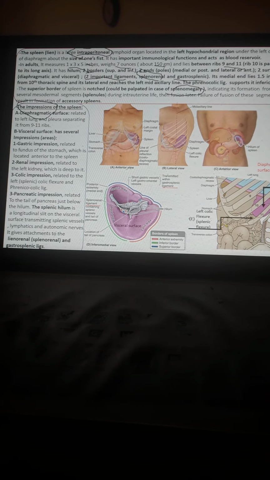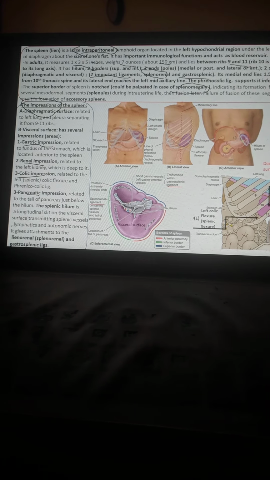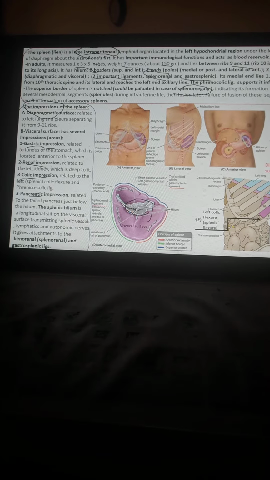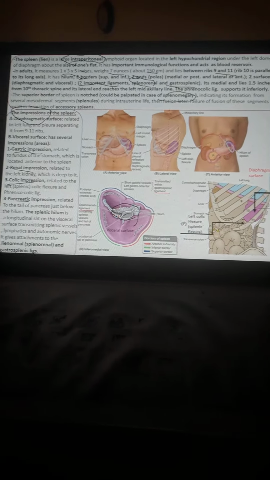Here are the impressions related to the spleen, which I talked about in the previous slide. And here is the splenic hilum, which receives the splenic vessels, splenic vein and splenic artery, and is also attached to 2 ligaments.